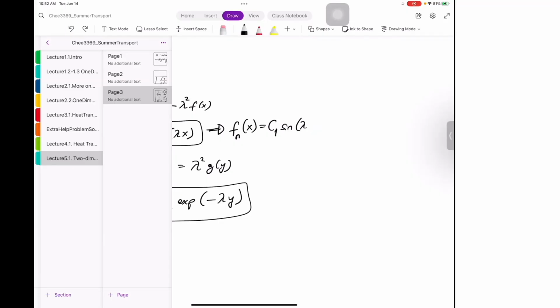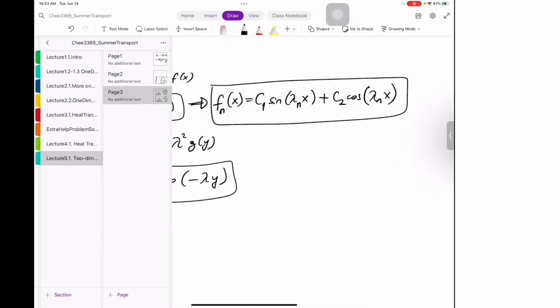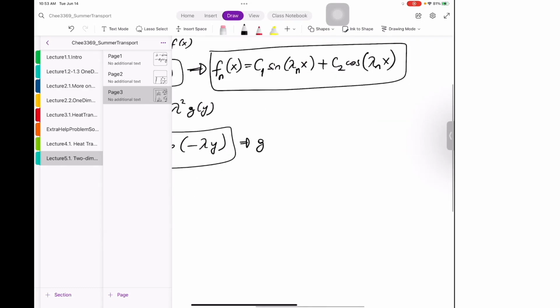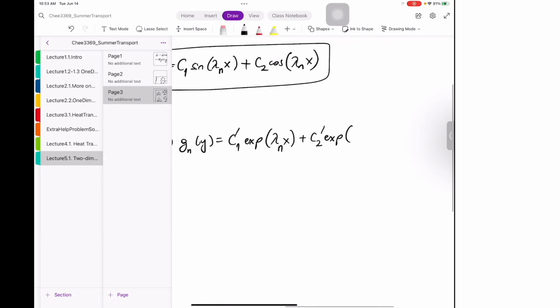Actually, our lambdas might be different, so let's keep in mind that we can have lambda_n. And g_n of y is equal to c1n prime exponential lambda_n y plus c2n prime exponential minus lambda_n y. There you go.